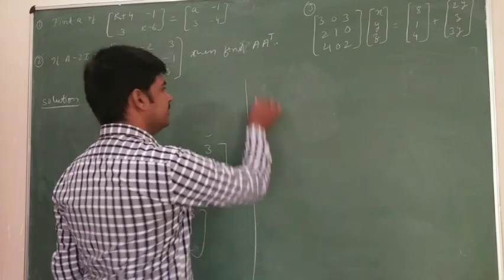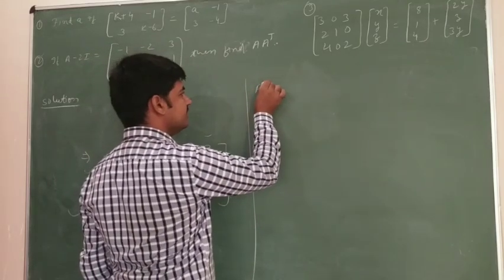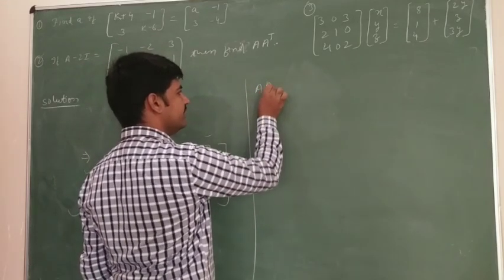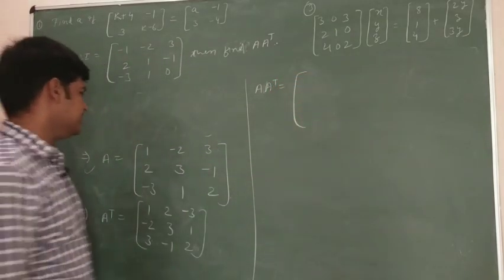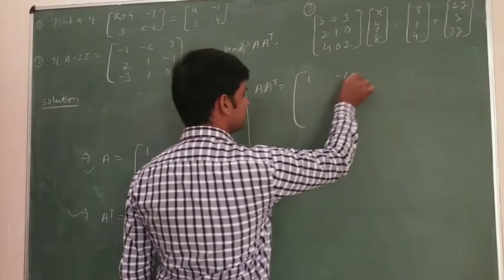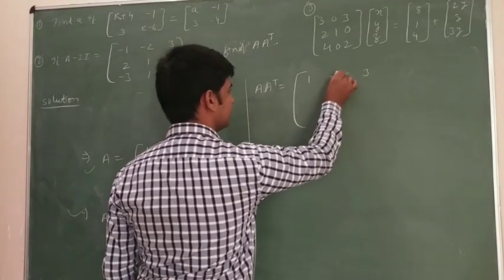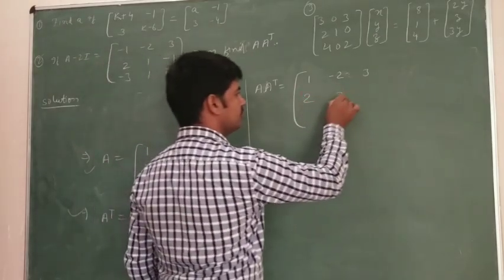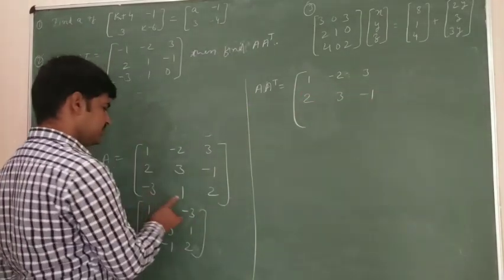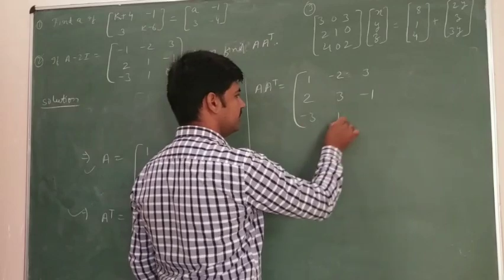Finding A times transpose of A is equal to, write both of the matrices here: [1, -2, 3], [2, 3, -1], [-3, 1, 2].